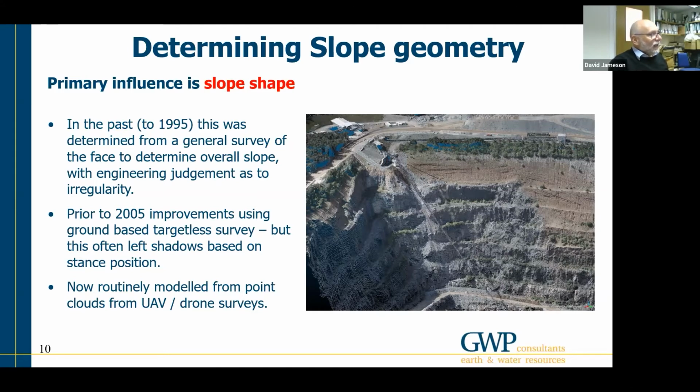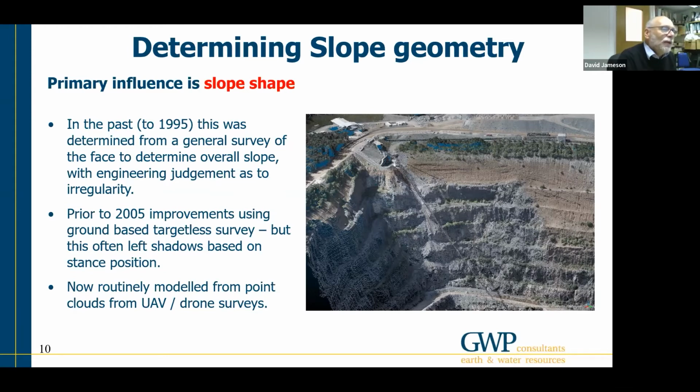But more recently, routine flights of quarries are now done by UAV drones, and you can get extremely comprehensive point cloud models from those surveys. On the right hand side, that might look like a photograph, but actually it's a screenshot from a 3D model, which has picked up all the variability in the shape of the slope.